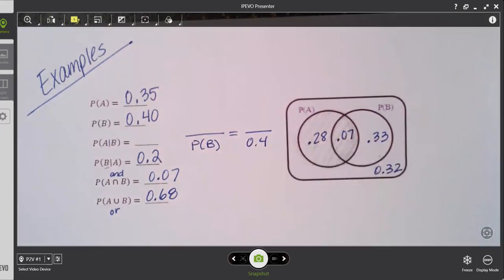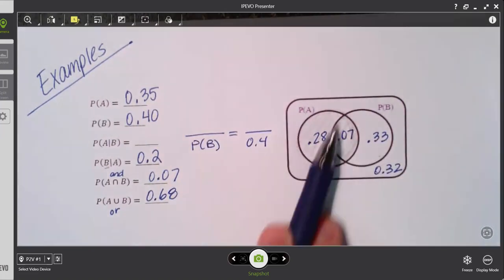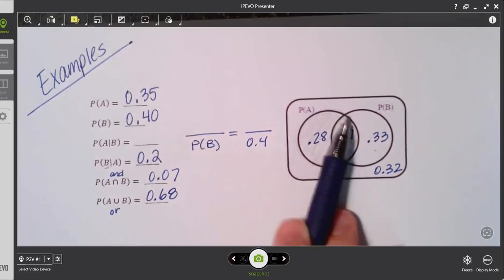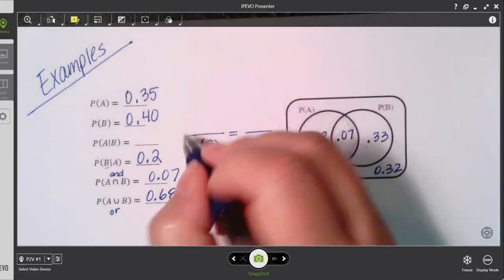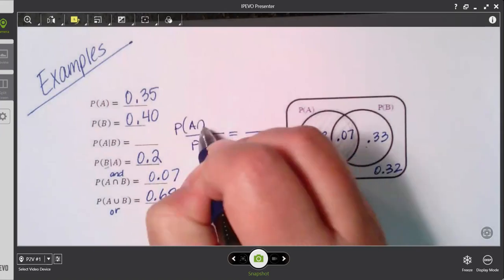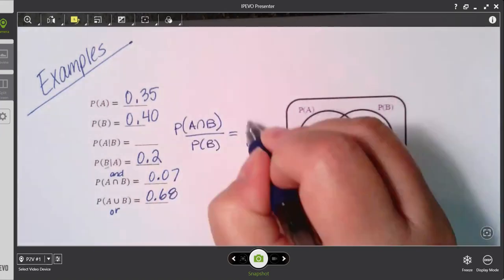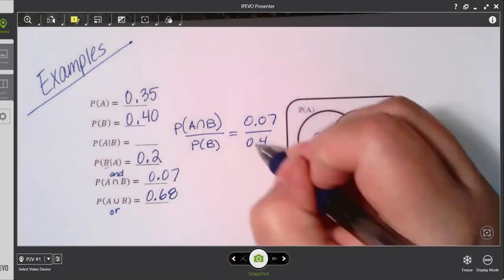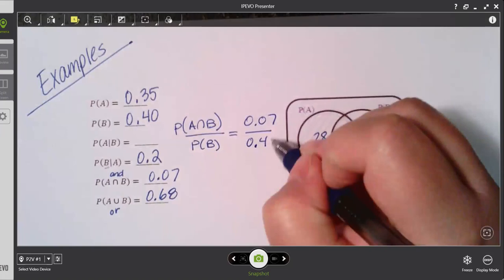The probability that I'm in both, because it's this group out of everybody over here. The probability that I'm in A, given that I'm in B. So that's probability of A and B, which is 0.07. So 0.07 over 0.40, that's 7/40ths.